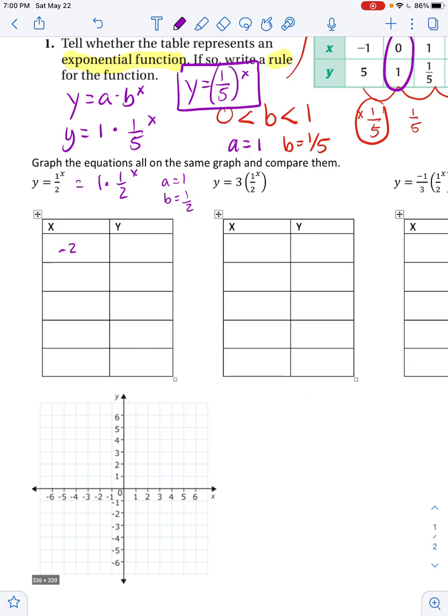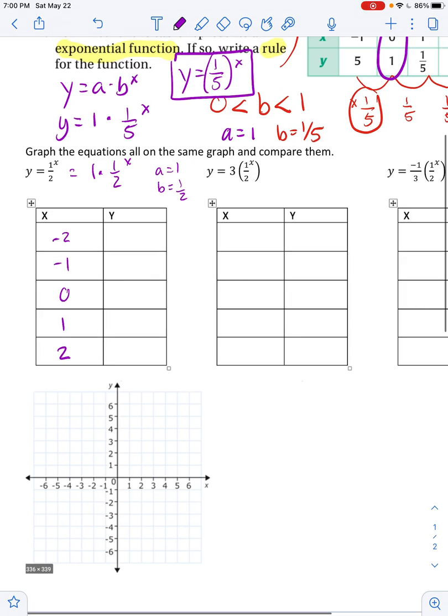I'm going to use my numbers from yesterday. If I plug in the -2, I would have 1/2 to the -2, which would flip that over and make it 2 over 1 to the +2. So that will turn it into a 4.